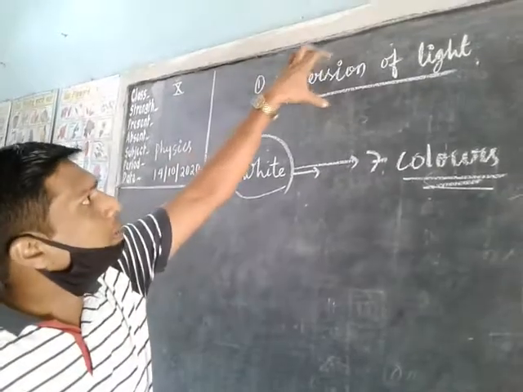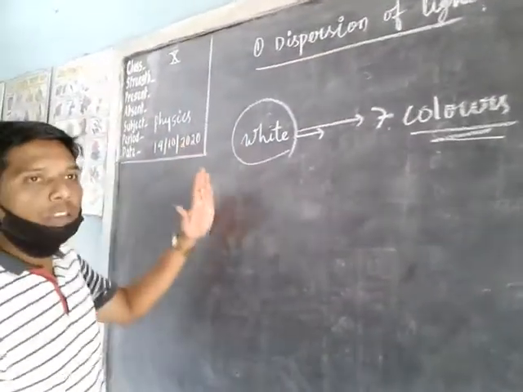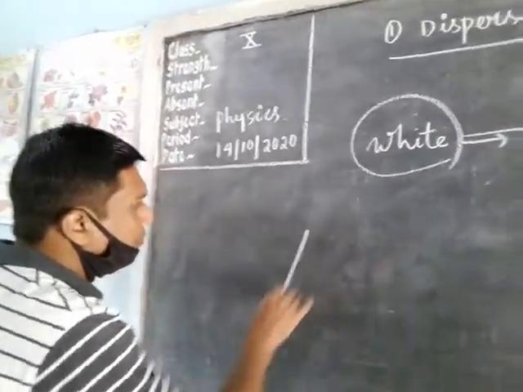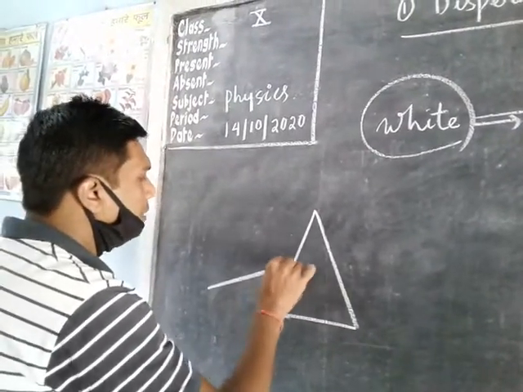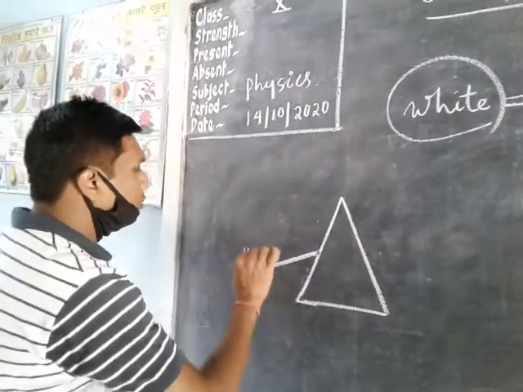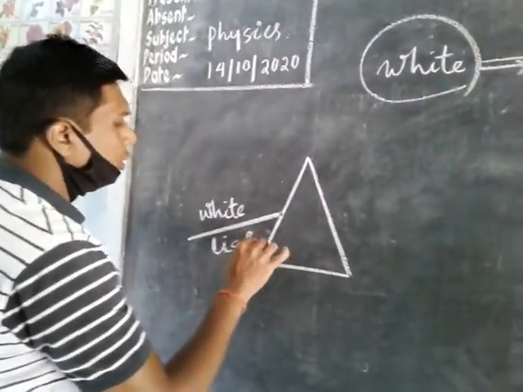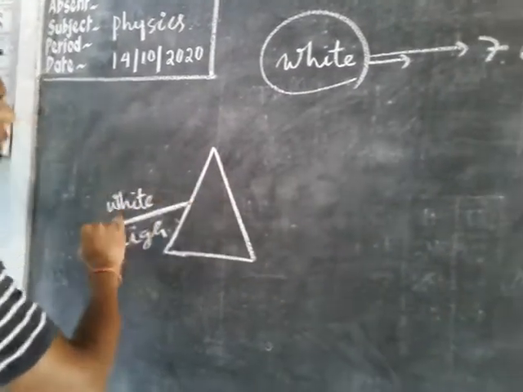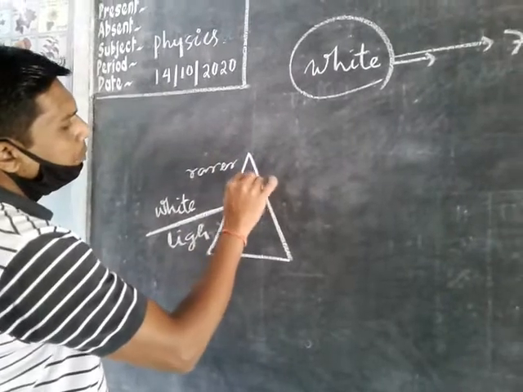So dispersion of light means, when white light passes through any transparent material. Suppose this is one prism. When white light passes through a prism, this white light passes from rarer medium to denser medium.